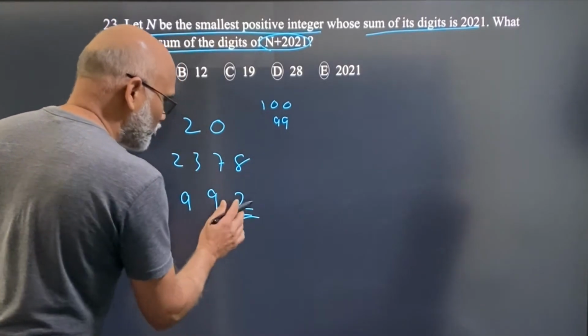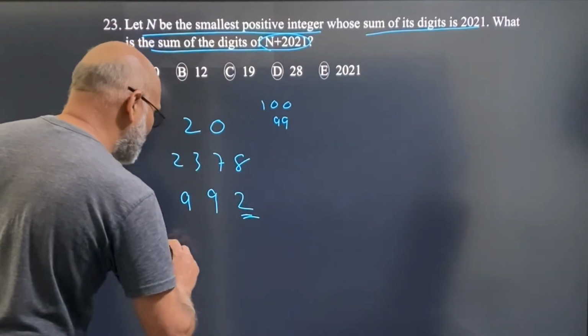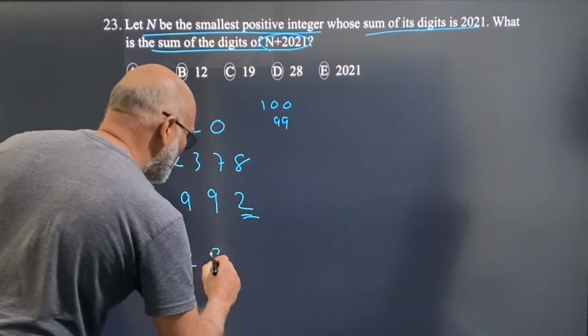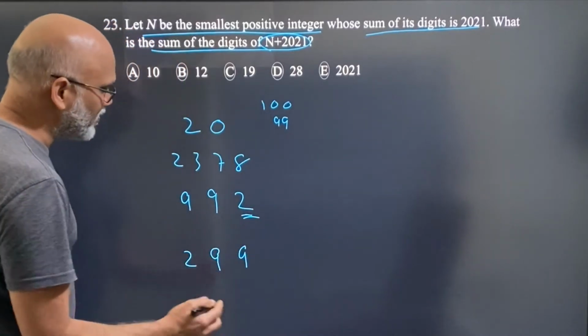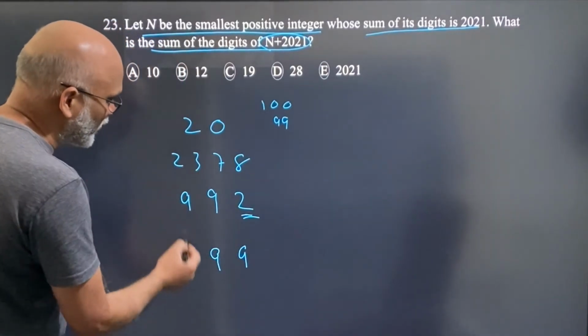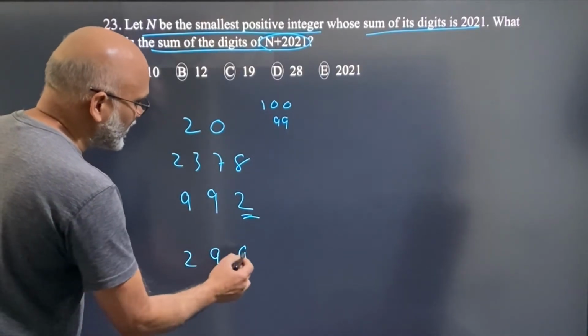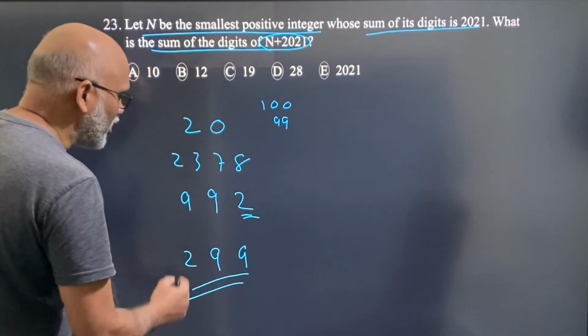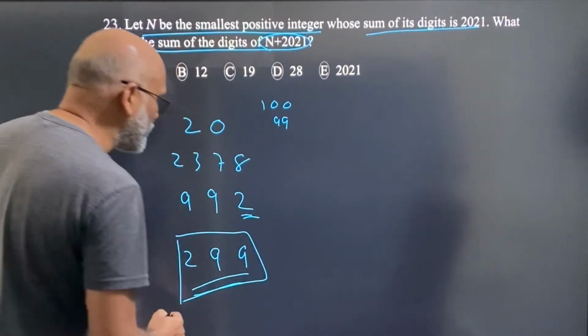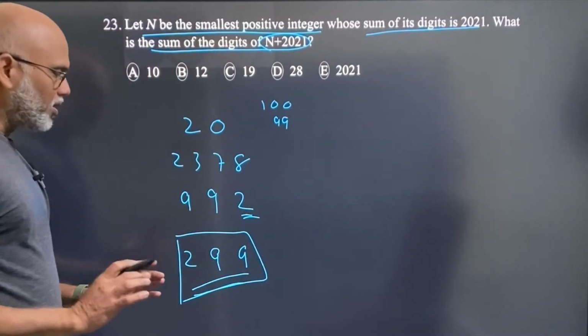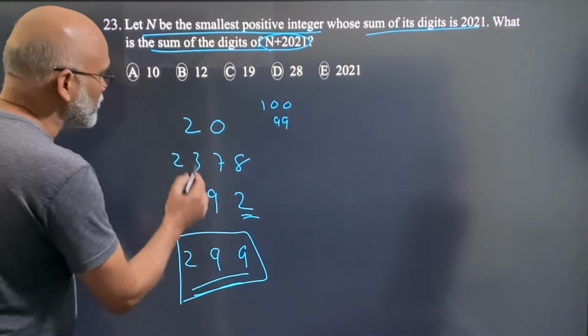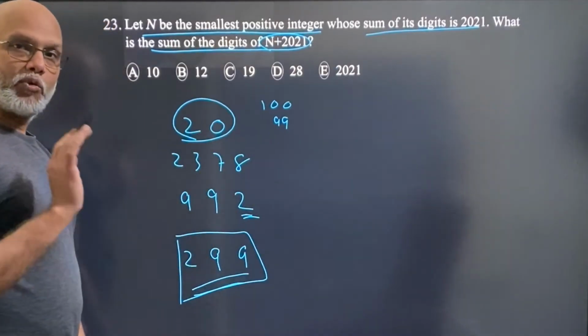I want the smallest on the left side, so 2, 9, 9, because of the place value, this will be the smallest. And also we can see 992 is bigger than 299, right? So this is going to be the smallest integer whose digits add up to 20.